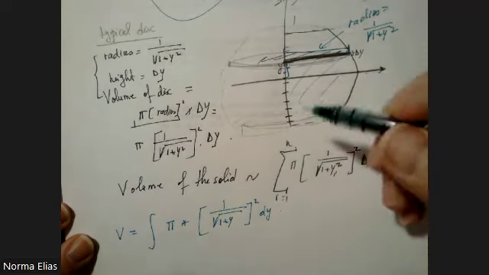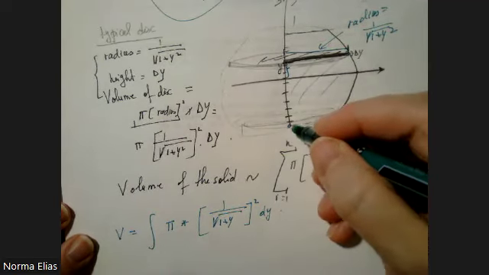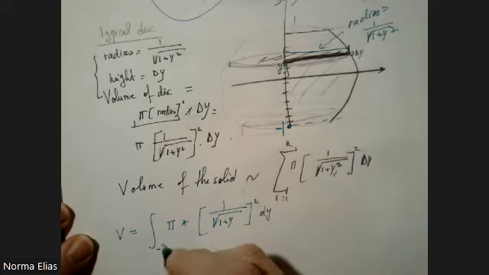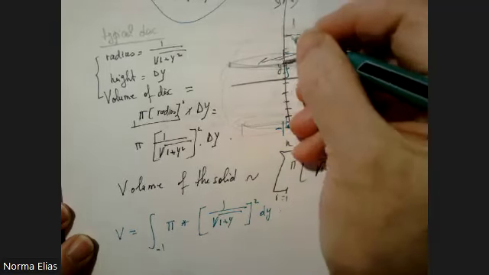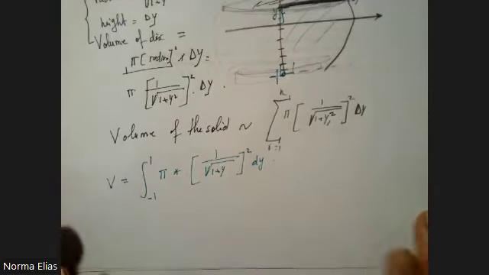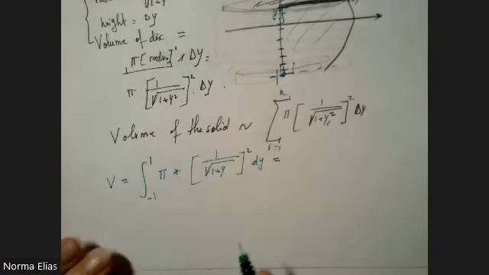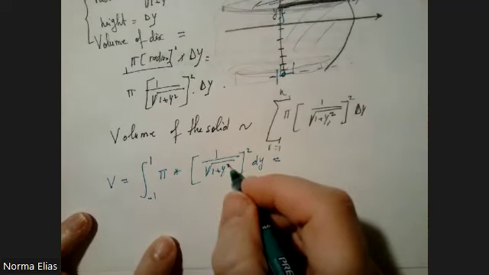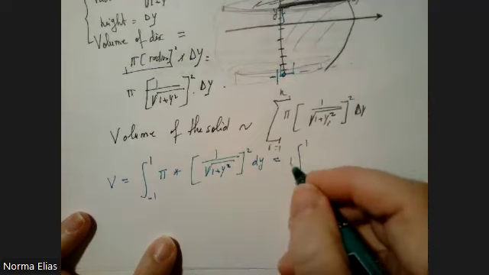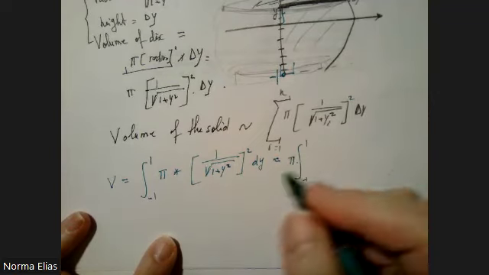I go back to the graph, which interval I need to divide to cover this whole region from -1 to 1. So this is the -1 here, and this is the 1 up here. And the rest is we have to evaluate this. Now this will be equal to the integral from -1 to 1. Pi is a constant, I can take it out.